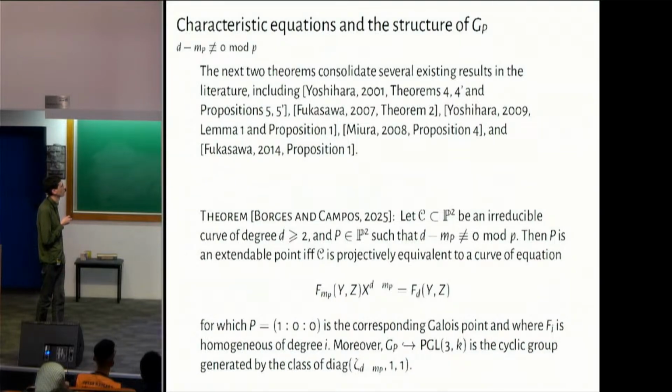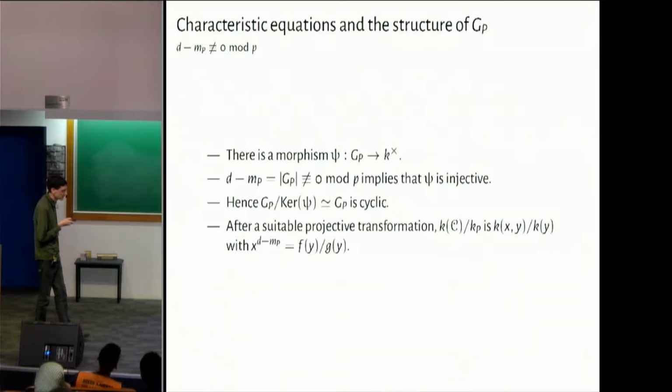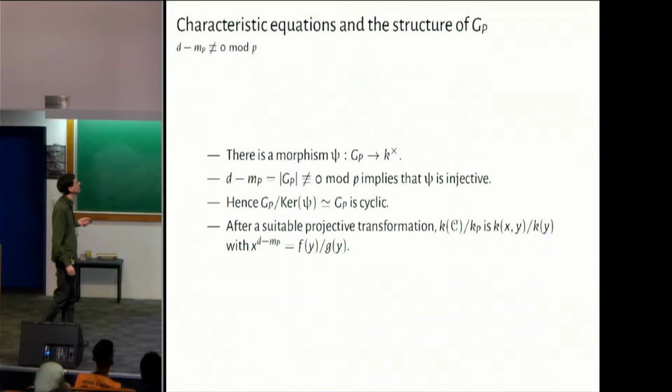These polynomials f here are homogeneous of degree the index, and the Galois group is cyclic, and we can represent it by this matrix right here. The idea here is nothing very sophisticated.